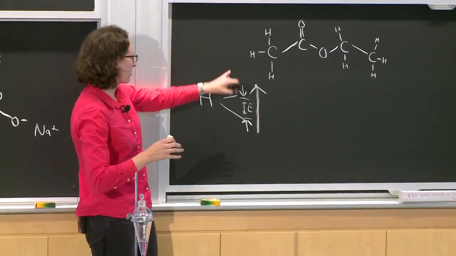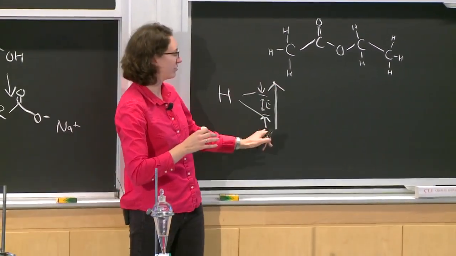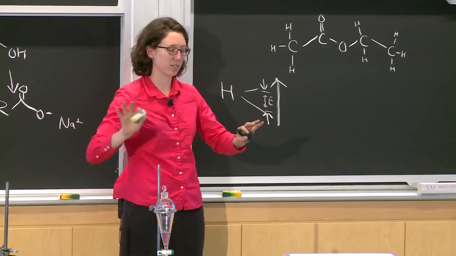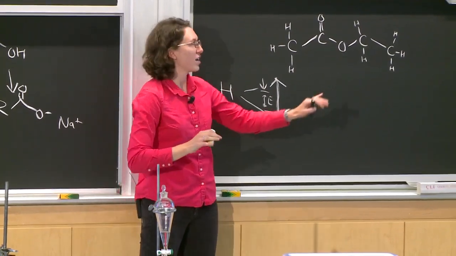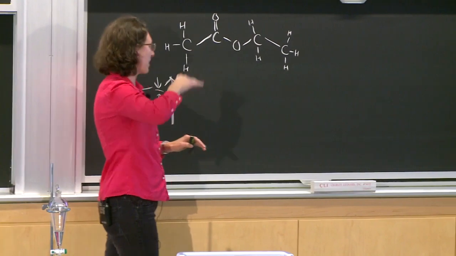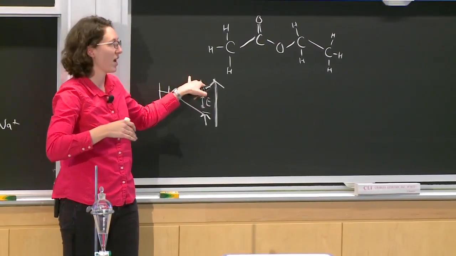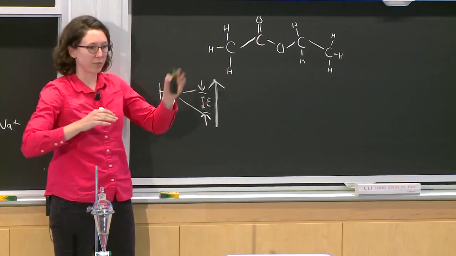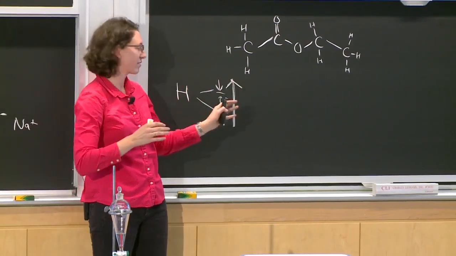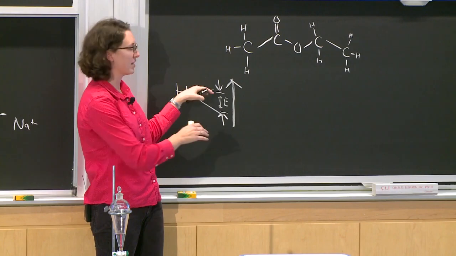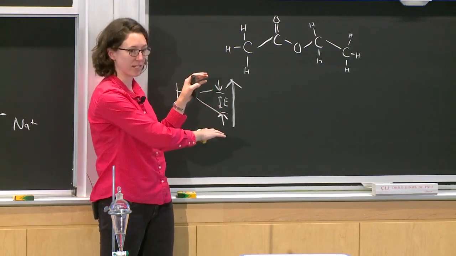So once you have your protons in your field, and you can do other nuclei too, but we're going to focus on protons for the moment, there's a radio frequency pulse that is applied that causes some of these spins to flip. And then you remove the radio frequency pulse, reapply the magnetic field, and then you wait for the spin states to go back down to the ground state.